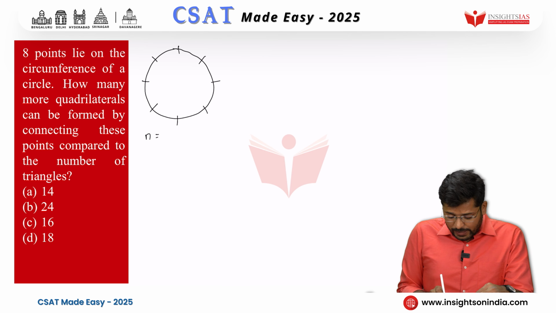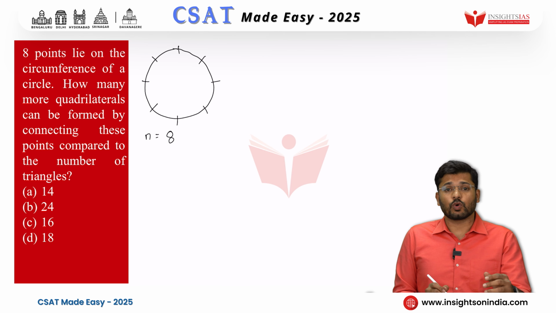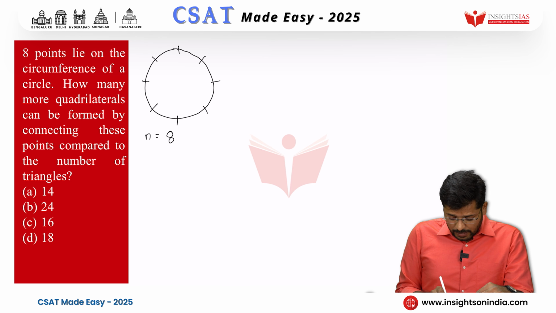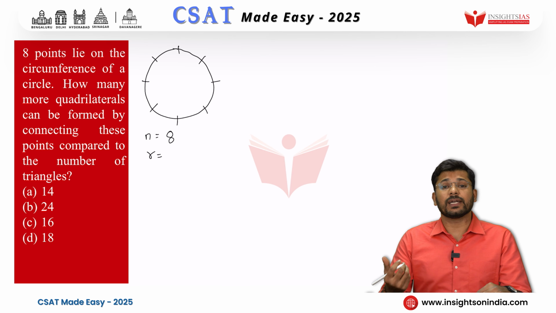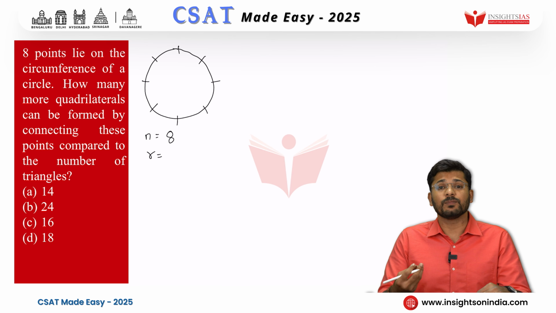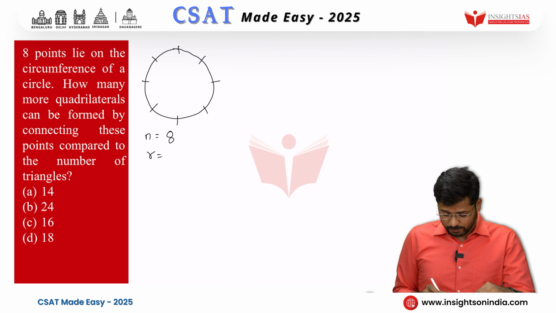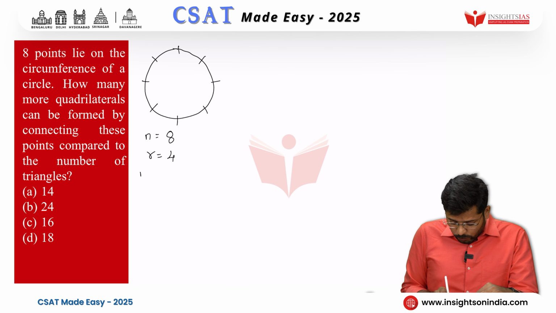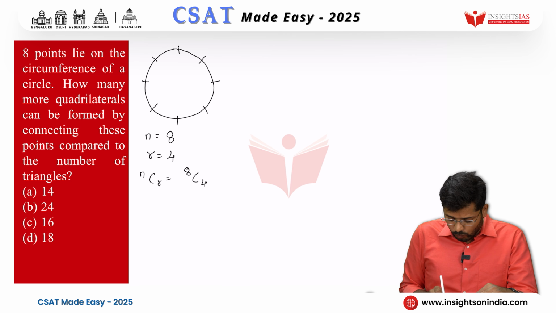For quadrilaterals, n is 8 because the total number of items is 8. How many points do we need as vertices for quadrilateral? A quadrilateral has 4 sides and 4 vertices. So we need 4 points out of these 8 ones. So the value of r would be 4. So nCr would become 8C4.